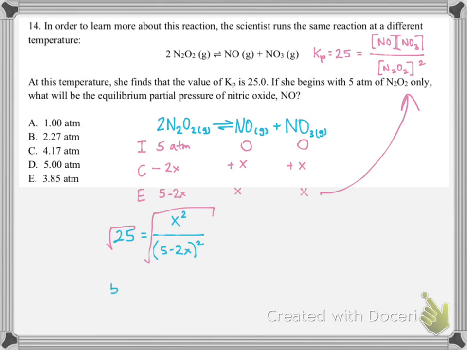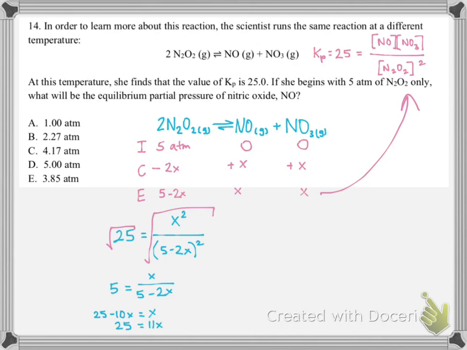We can say then we have 5 equal to x divided by 5 minus 2x. Okay, and then we can multiply over, and we'll have 25 minus 10x is equal to x. We can move our 10x over and say 25 is equal to 11x.